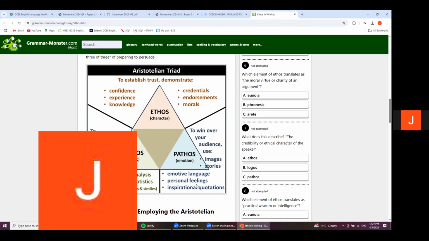We can use all of these elements to really bring our argument to life. Okay. So if you haven't already, definitely do some research on the Aristotelian triad, because essentially what it boils down to is like the fuel, heat, and oxygen of a fire. We need all three elements to come together to create a really fantastic and excellent piece of writing.